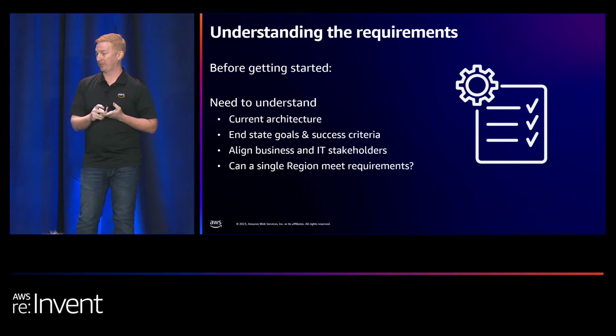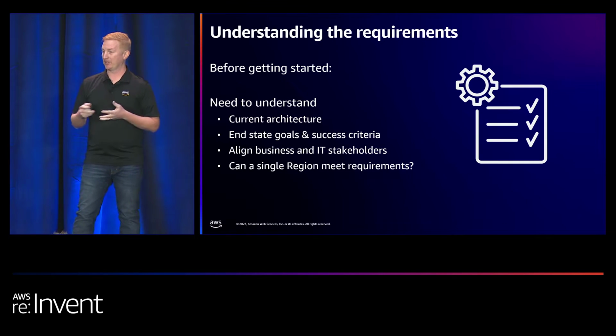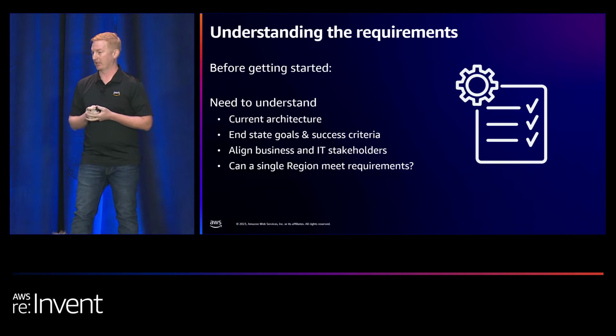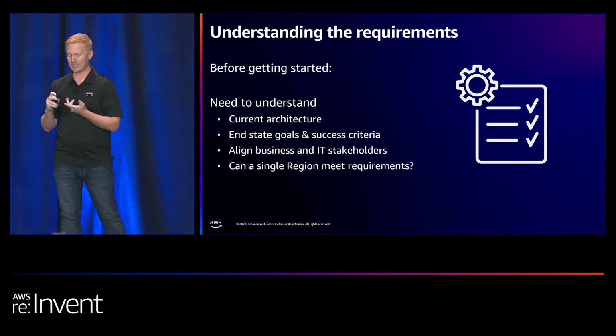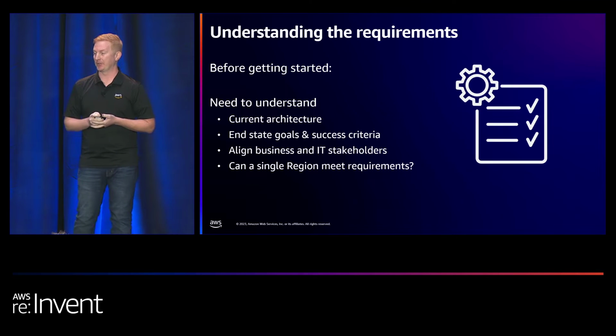What are the current performance metrics, and what are the future performance metrics that need to be understood and accomplished? Or if your requirements say that you need to increase availability for the workload, what are the current availability requirements and what is the current workload achieving? How is that being measured, and how is that going to be measured in the future, and what does it need to achieve?